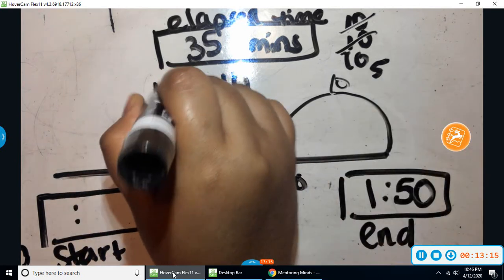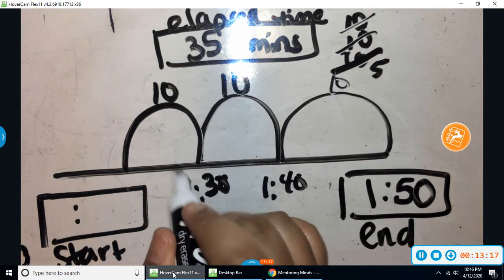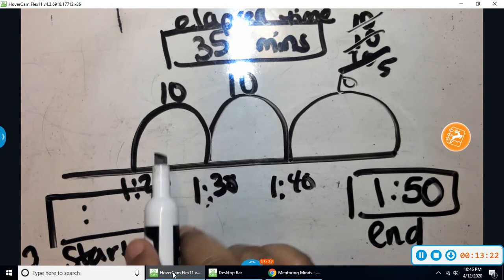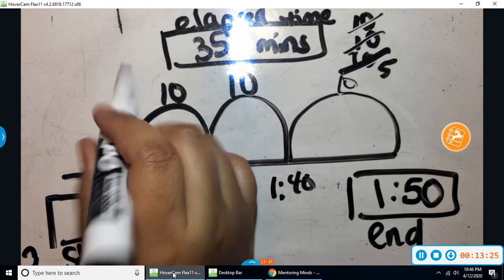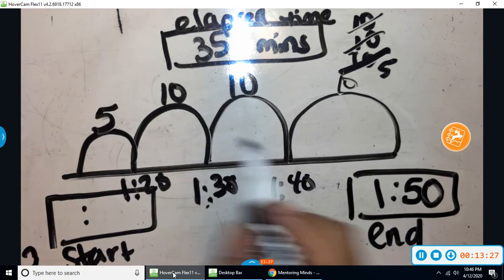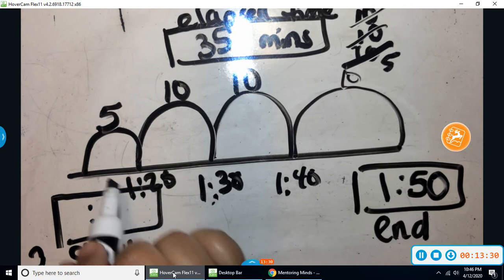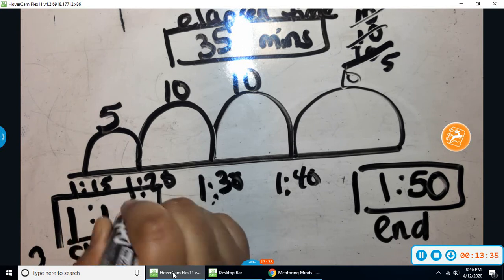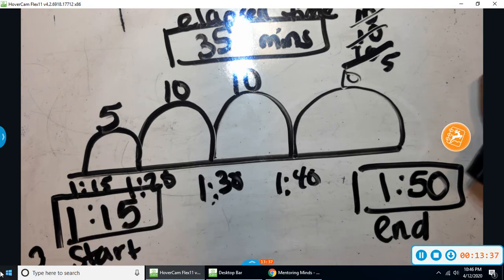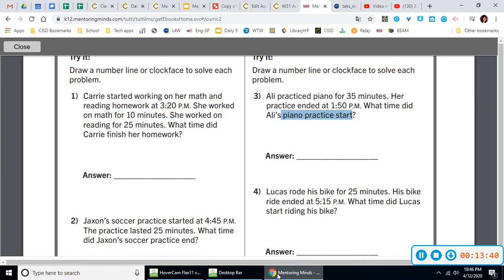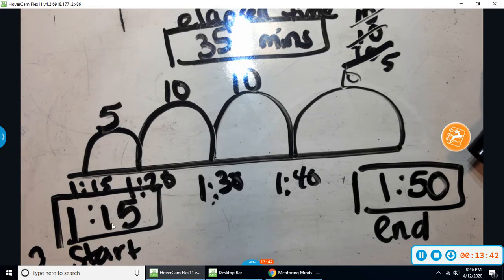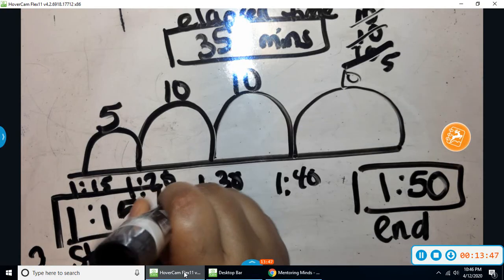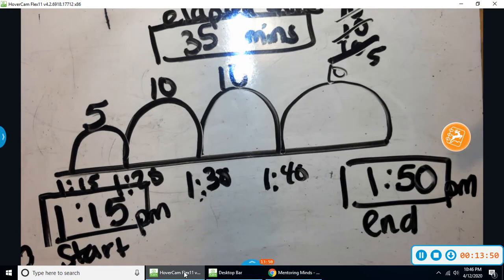Then another 10. 30 minus 10 is 20. The hour doesn't change. So 1:20, and then an interval of 5. So 20 minus 5 is 15. Her piano practice started at 1:15 p.m.